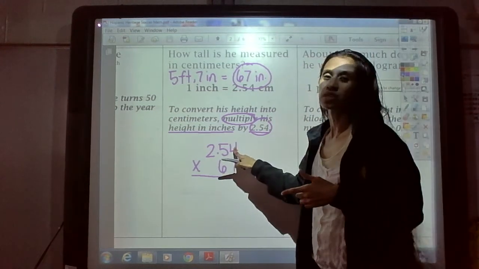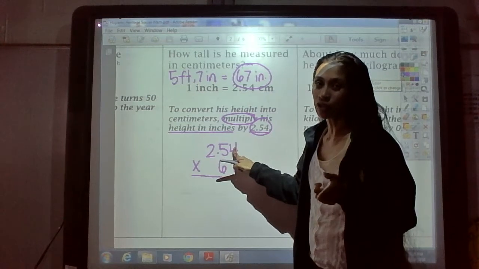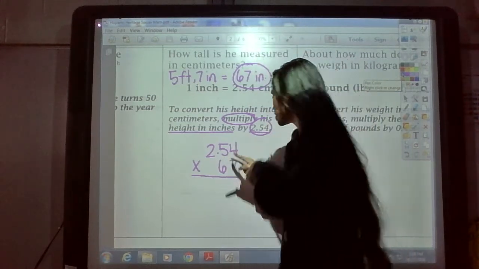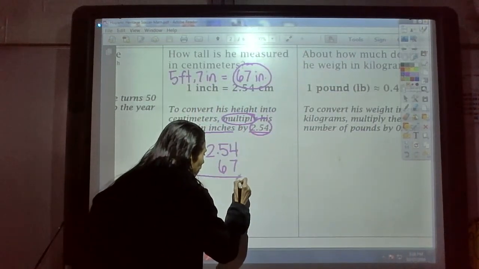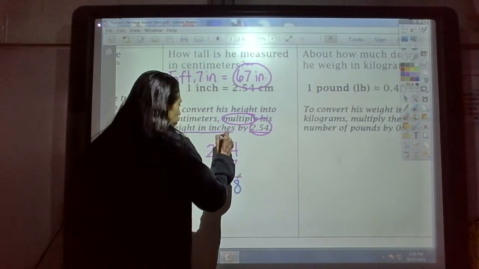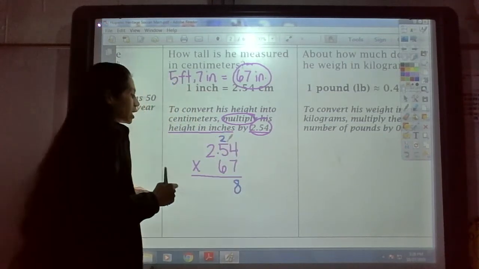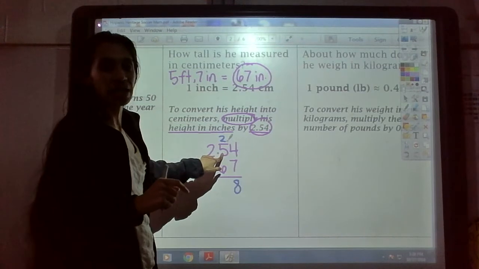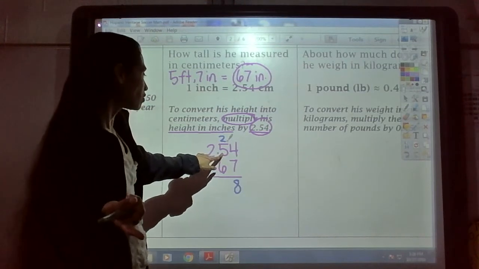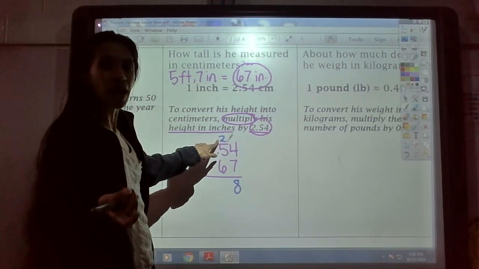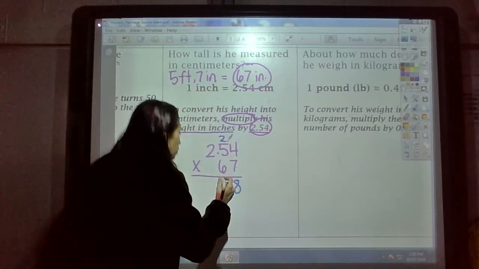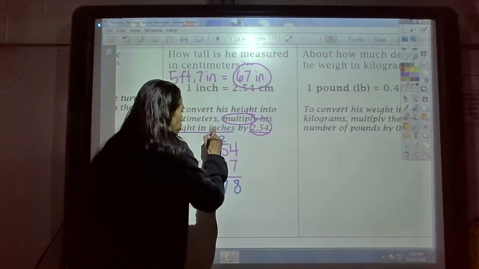What is 7 times 4? Again, if you don't know your facts, practice, practice, practice. 7 times 4 is 28, so 8 goes right there, and the 2 goes up here. Then 7 times 5 is 35, plus 2 is 37. So write the 7 and carry the 3.